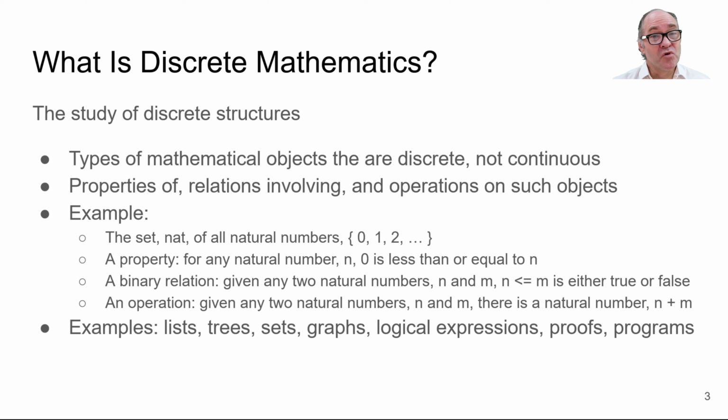So, for example, programs. Think about two programs written in C++. Programs don't vary continuously in a space. They are objects that are discrete. Okay? So programs are discrete. And logical expressions, and we're going to study a lot of logic in this course, logical expressions are discrete. Okay?